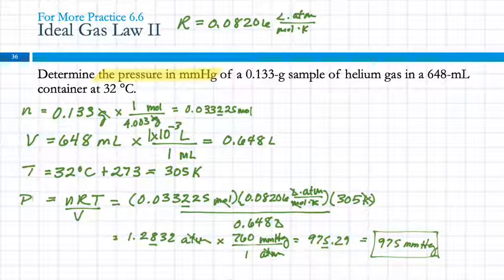No. Because it's the last significant figure, and it's off by 1. Most likely what happened is, unlike all the other times, they used 273.15, and so this was 305.15, and that would make this a teeny tiny bit bigger. But we're going to say that's good.